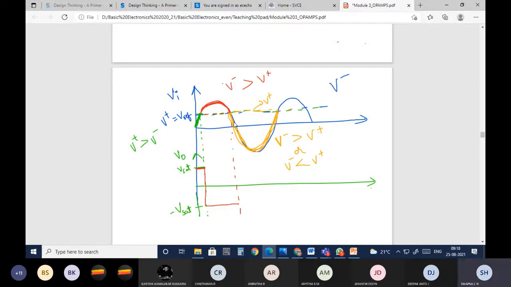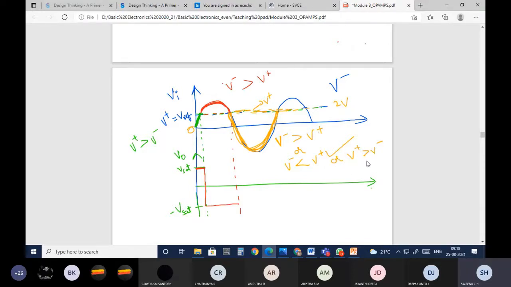If this is 0, let me consider some 2 volts. Will these values be less than 2 volts or greater than 2 volts? Less than 2 volts, right? So this entire waveform belonging to V minus is less than V plus.